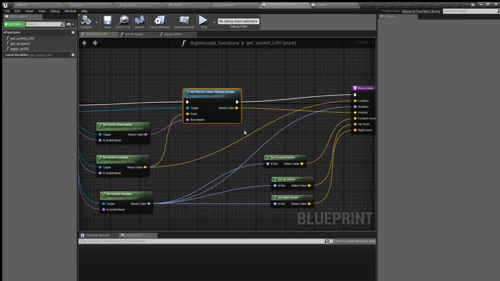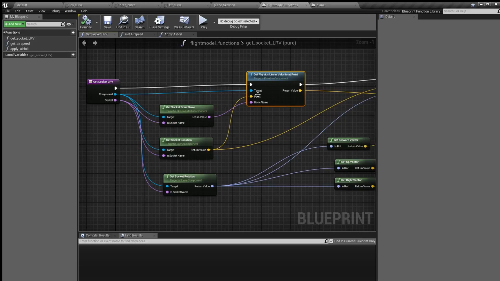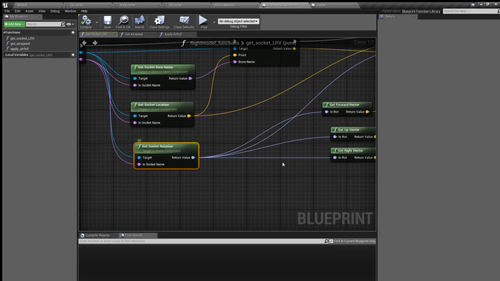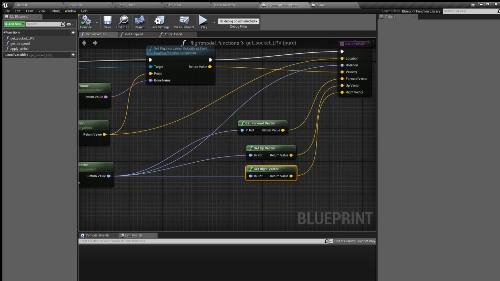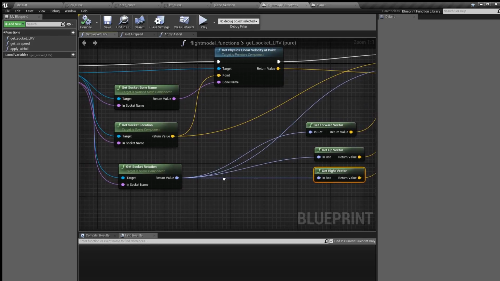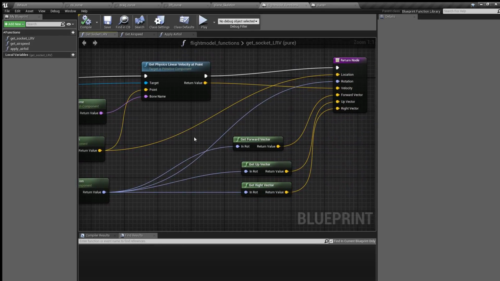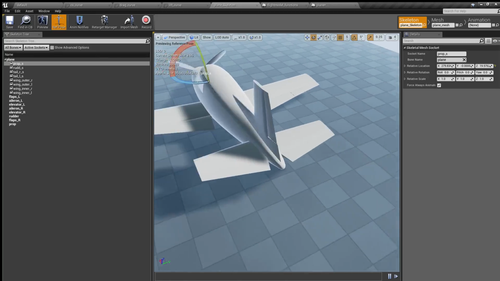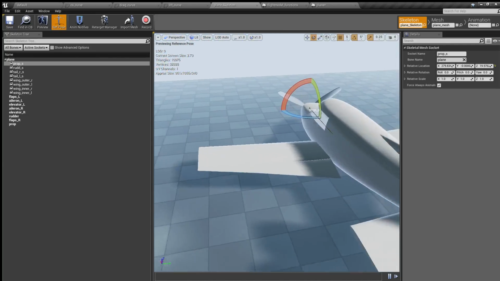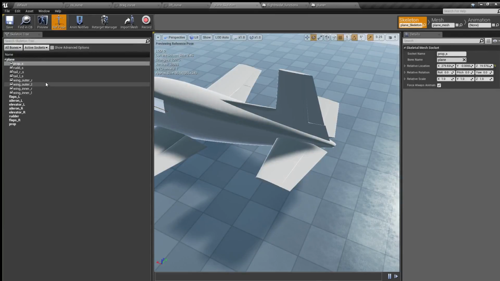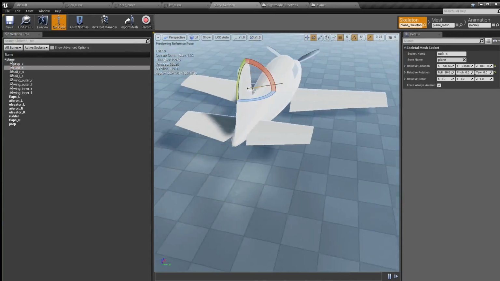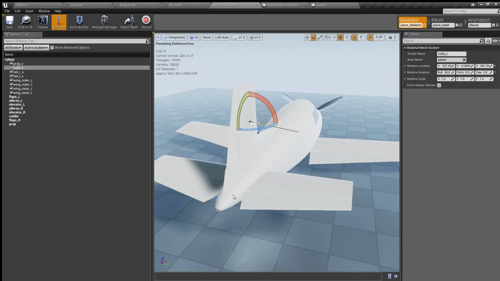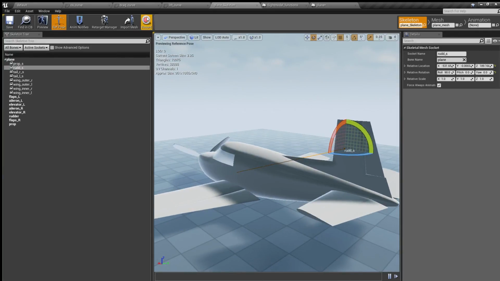Okay, so from this, in addition to this velocity, I also calculate the forward vector, up vector, and right vector of the socket. The reason for doing this is that the airplane doesn't always fly straight and level, and of course some of the surfaces like the rudder are mounted in a different orientation than the rest of the aircraft.